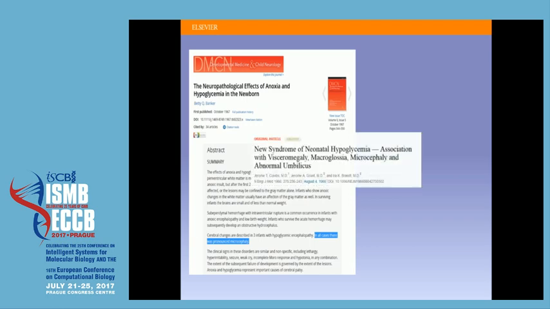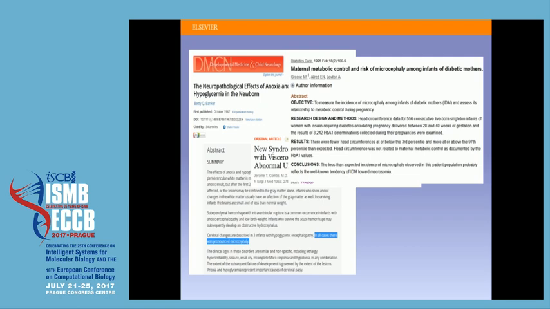At the same time, in the New England Journal of Medicine, they also associated neonatal hypoglycemia with, among other things, microcephaly. More recently, in the 90s, they studied metabolic control and risk of microcephaly among infants of diabetic mothers.